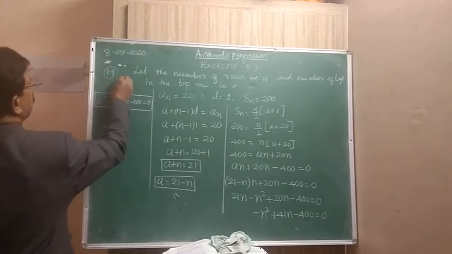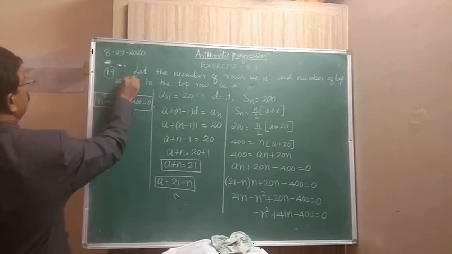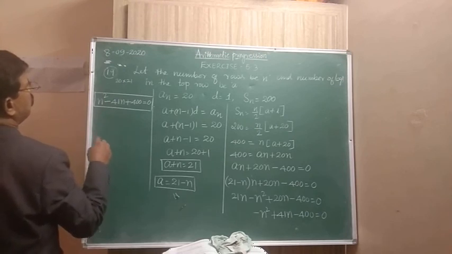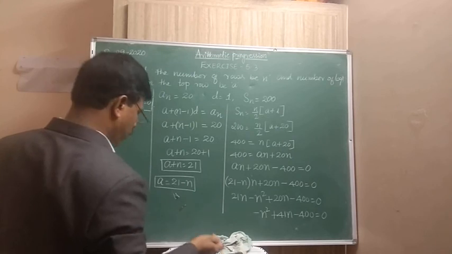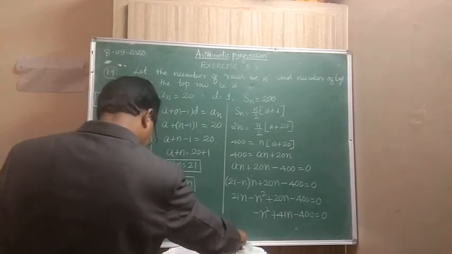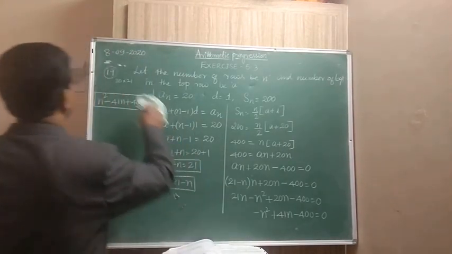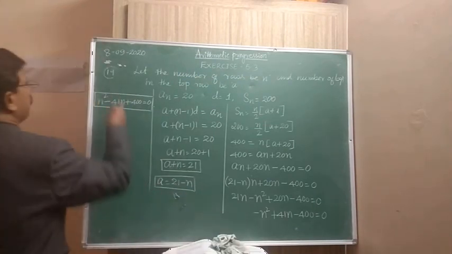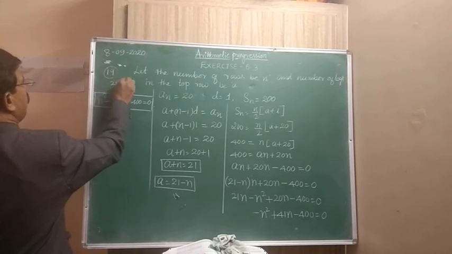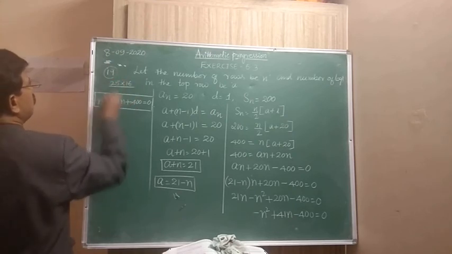So 41 means 20 into 21? 20 into 21 is 420, so we can't take that one. So next is 25 into 16, which gives 41.